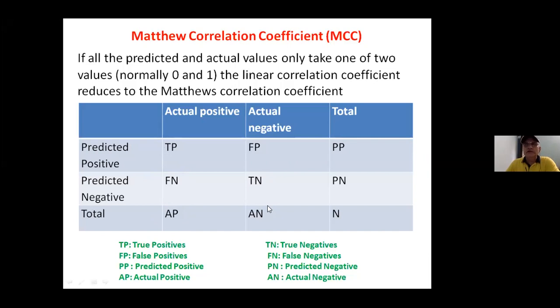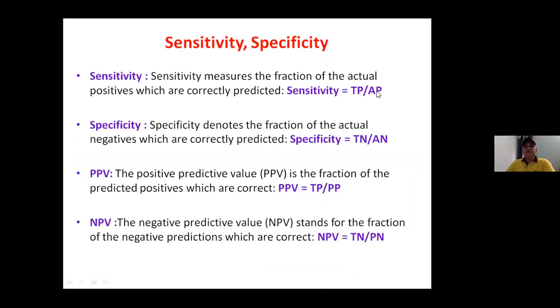Then there is another value called positive predictive value, that will be TP over PP. And then negative predictive value, that will be this divided by this. So all these are given here. They are coming out of this table.